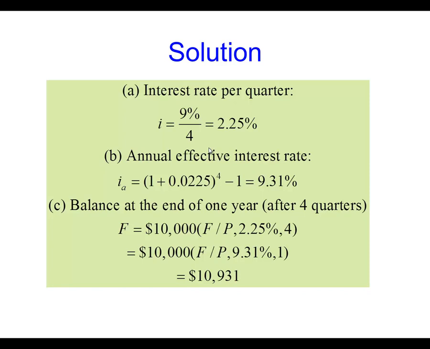Whatever result comes from that, you subtract 1 from it, and you will get 0.0931, and that is equal to 9.31%.